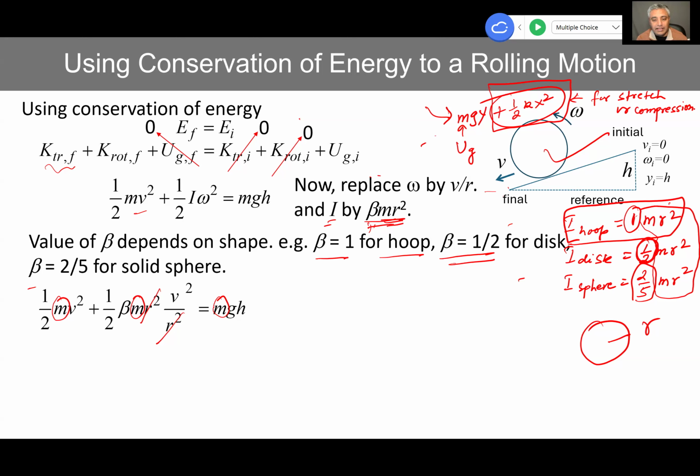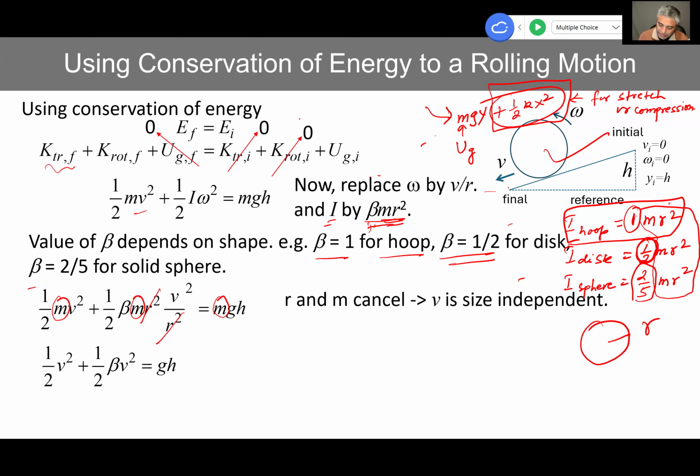If I did not write it like that, I could not see those canceling for all these objects. As long as we know it is a hoop, it doesn't matter whether it has more mass or less mass. That's what the canceling of mass in this equation is saying. After I cancel those, I am left with this.